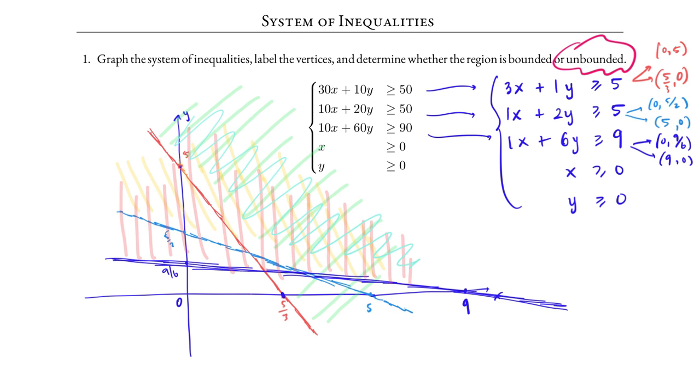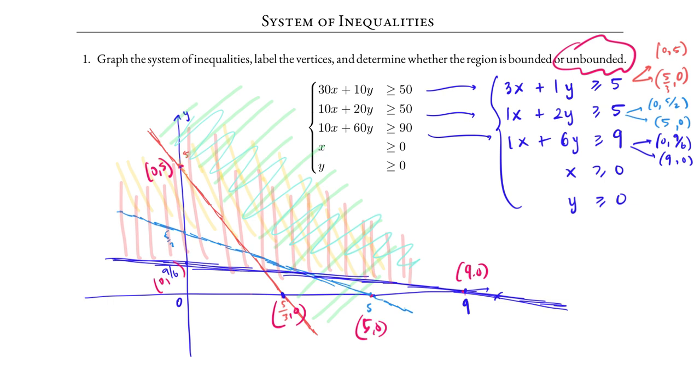To label the vertices, we see that the first vertex up here is when x equals 0, y equals 5. This is 9, 0. This is 5, 0. This is 5 over 3, 0. This is 0, 9 over 6, or 0, 1.5.